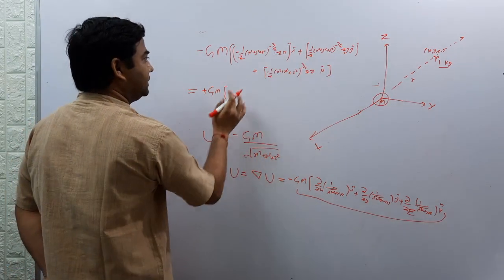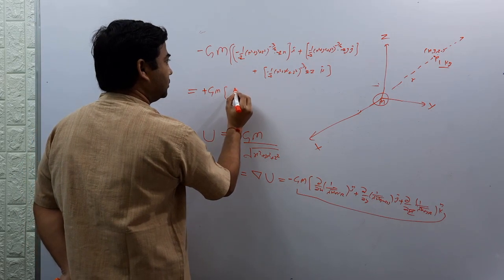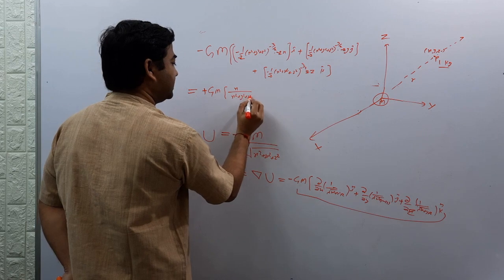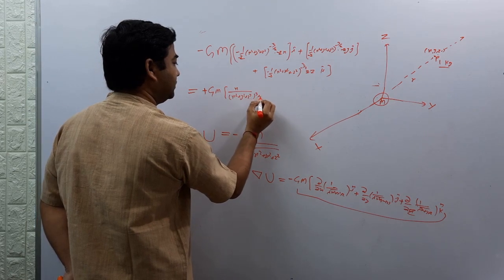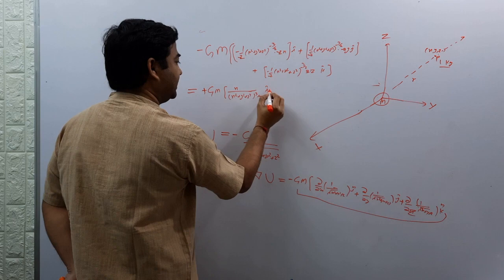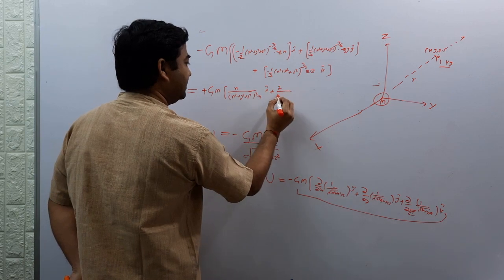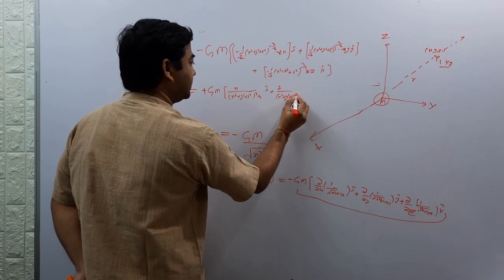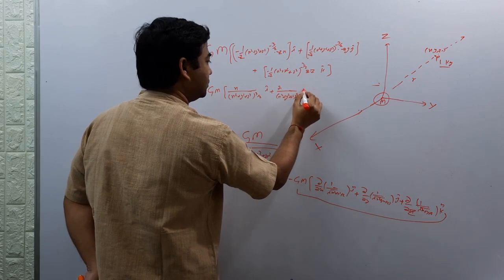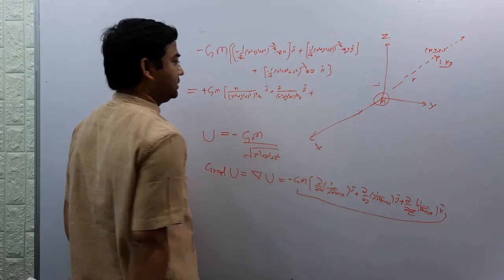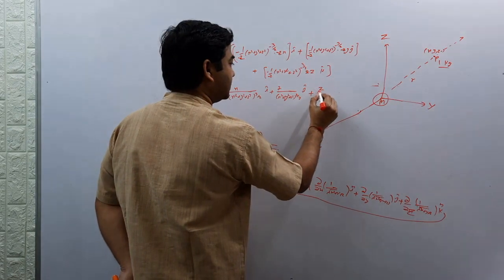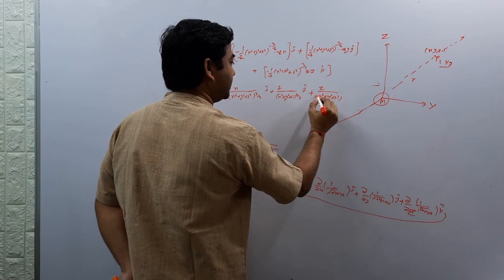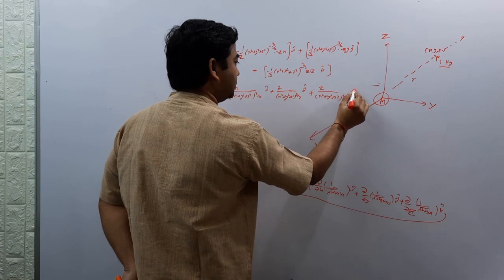So this function will be reduced to x by (x square plus y square plus z square) power 3 by 2 i, plus y by (x square plus y square plus z square) power 3 by 2 j, plus z by (x square plus y square plus z square) power 3 by 2 k.